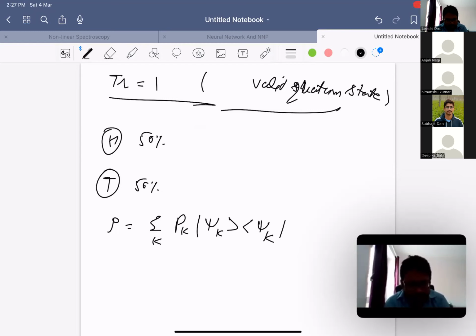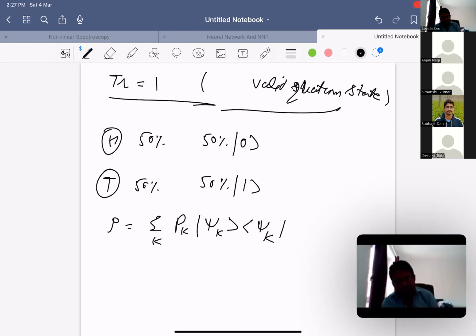For tossing a coin, we can write 50% into the zero state and 50% into the one state.